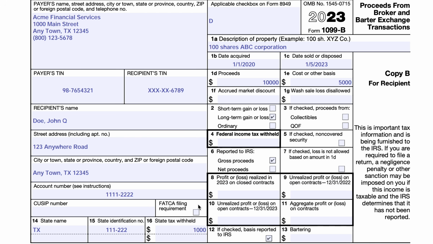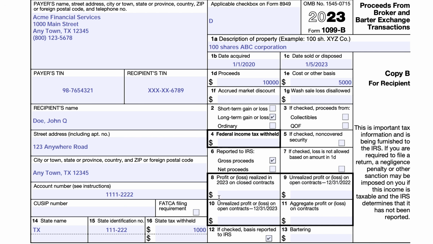It also indicates that the taxpayer may have a filing requirement as well. So if that's checked, you may need to file IRS Form 8938, which is a separate tax form dealing with foreign accounts.